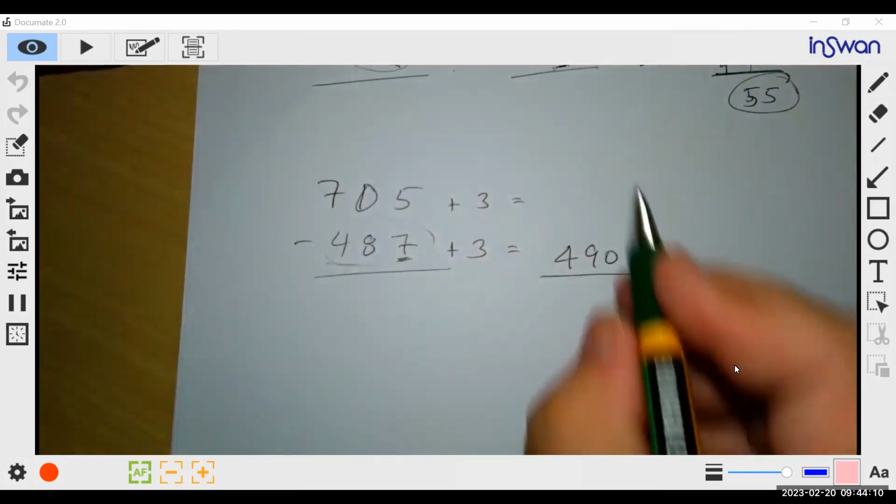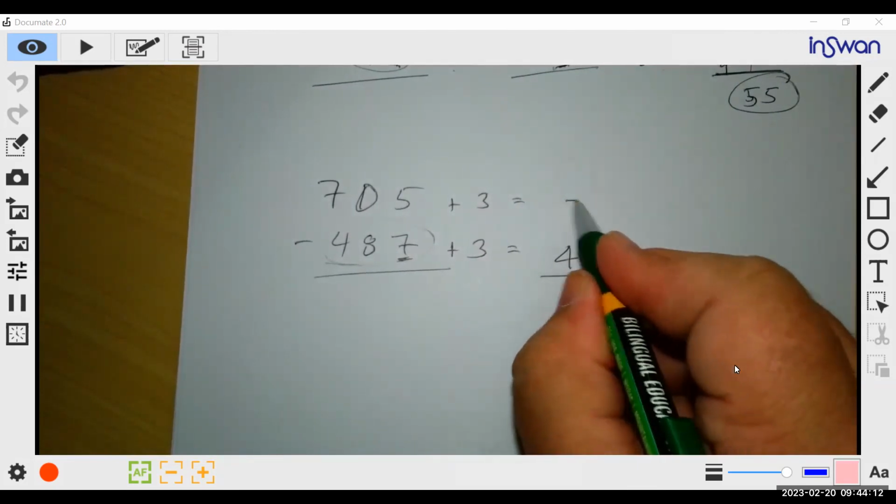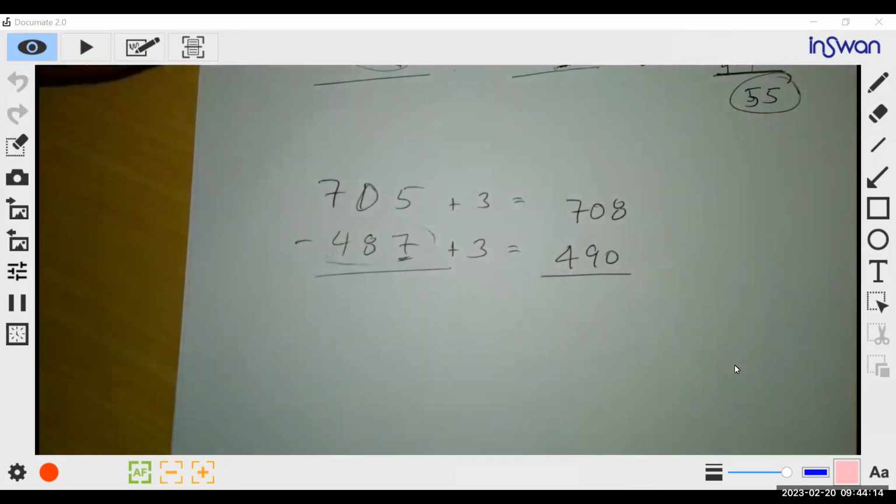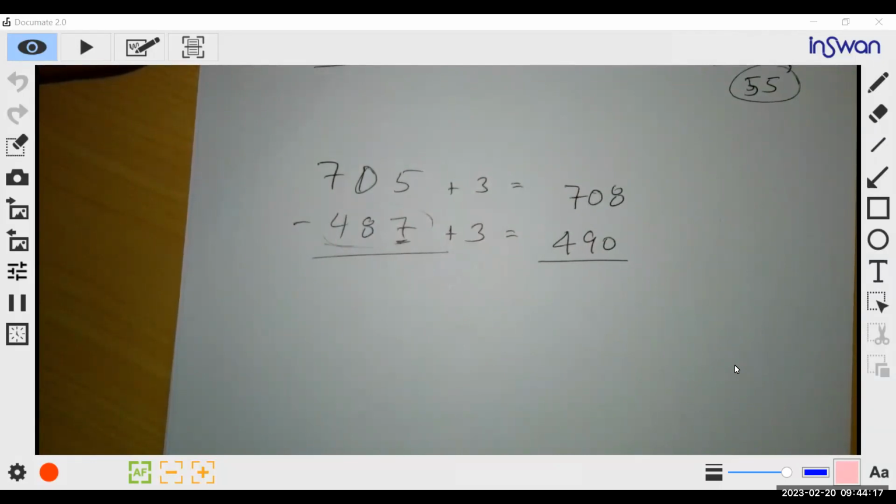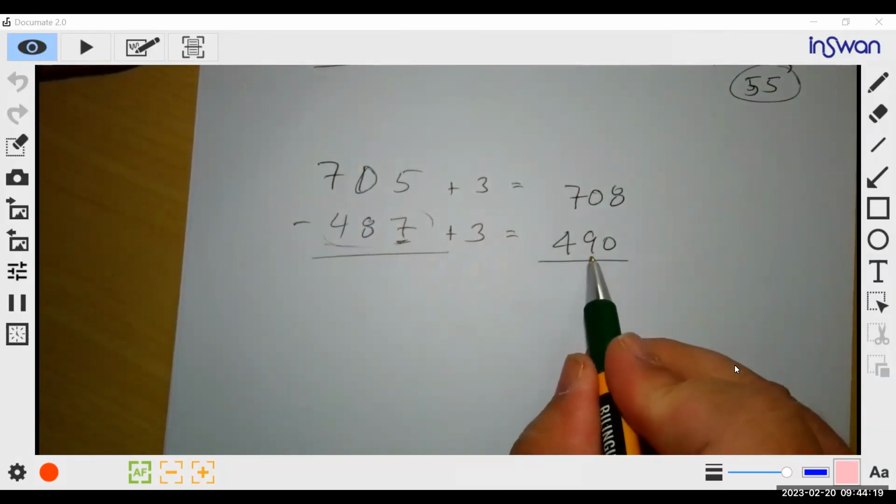If we add 3 on top, what do we get? So far, so good. Okay, now how do we get rid of the 9?